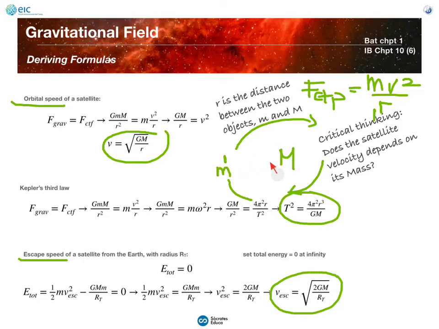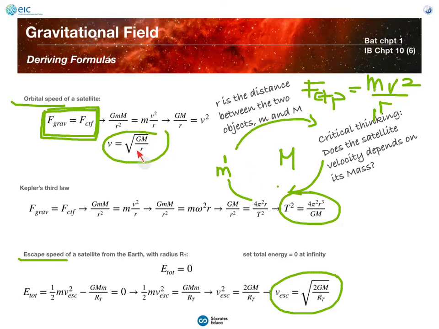Now, the centripetal force can be set equal to the force responsible for this movement. Who's responsible for the movement? Well, gravity, the gravitational force. And that's where you start from when deriving this formula. If you just substitute with all the formulas you know, with algebra you will derive this other formula.